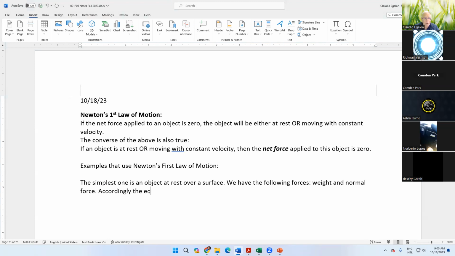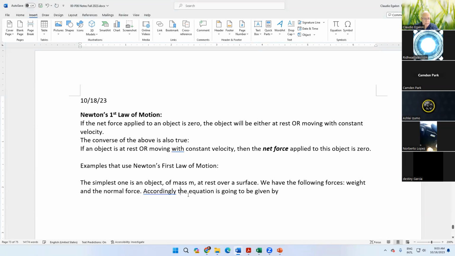Accordingly, the equation is going to be given by, here you go, an object of mass m, at rest over a surface. We have the following forces: weight and the normal force.